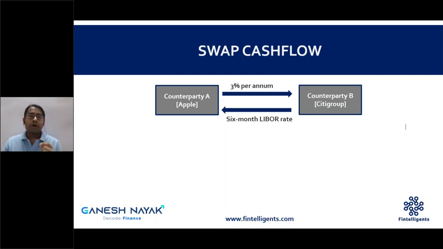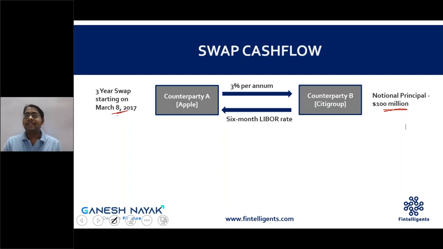Now, in this transaction, the contract is starting on 8th of March 2017, and the contract is for 3 years. Please remember this date, 8th of March 2017, and this contract is available for a notional principal of $100 million. This has been decided on the start date. So the start date of the contract is 8th of March 2017.